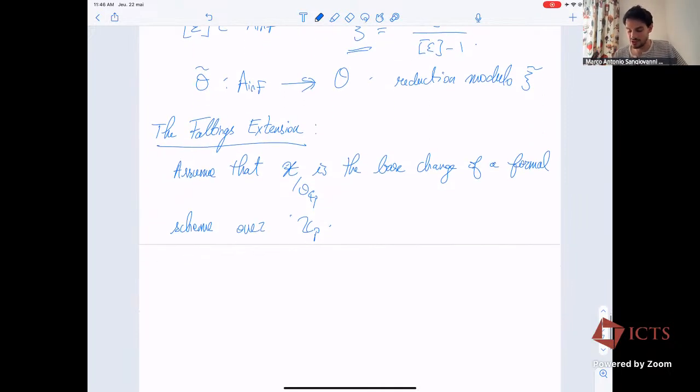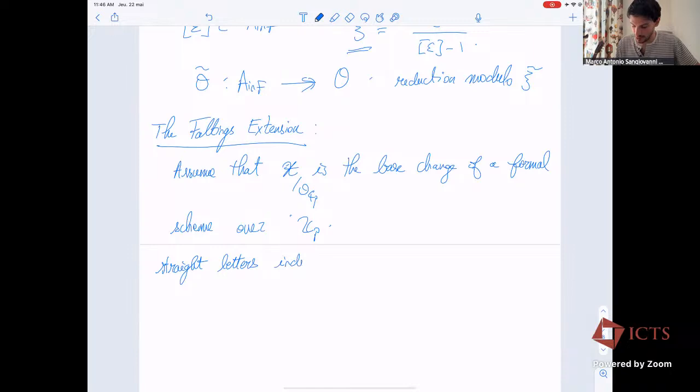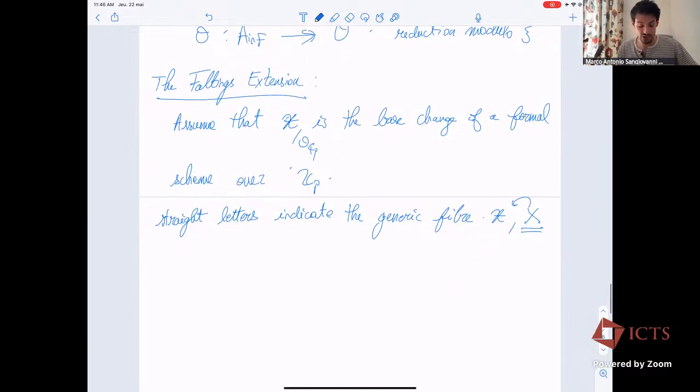But let me just assume Z_p, since in the Siegel case that this is what happens. So straight letters indicate the generic fiber of the formal scheme. Okay, so X is the generic fiber of the formal scheme.